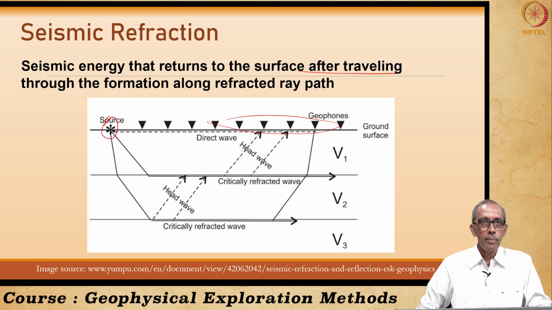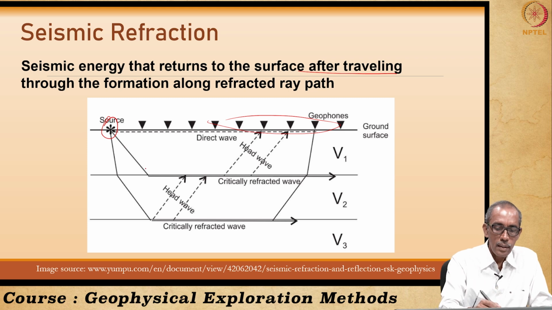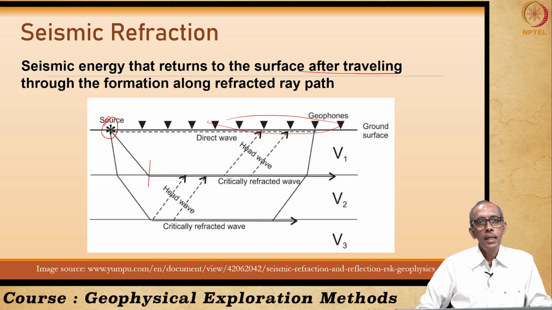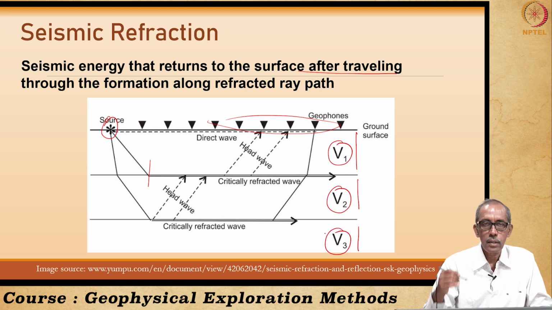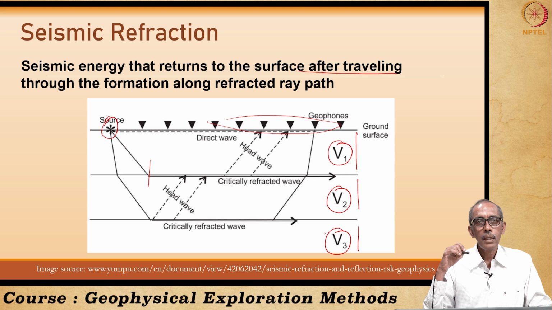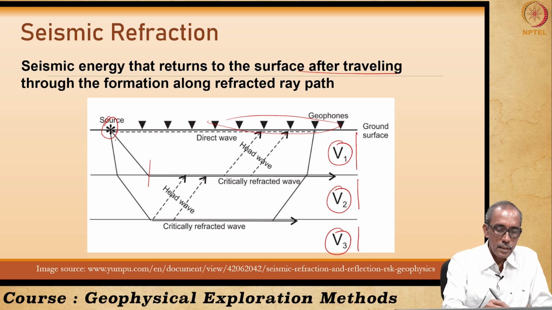They get refracted back to the surface because the signals may go and meet the interface, that is, this is first layer, second layer, third layer. Corresponding velocities are V1, V2 and V3, right. So, let us take up this particular ray.